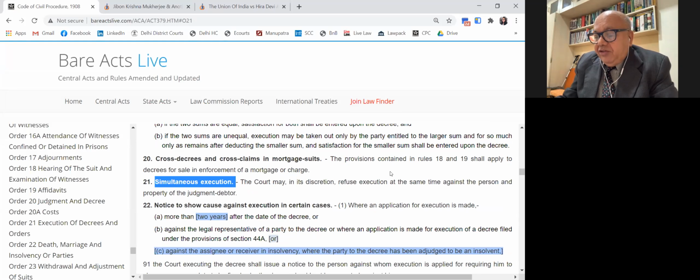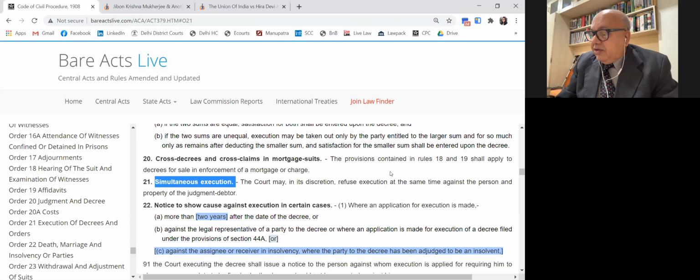Rule 21: stay of execution pending suit between decree holder and judgment holder. So these are only 1, 2, 3, 4 illustrations. Stay of execution can be granted by the court.